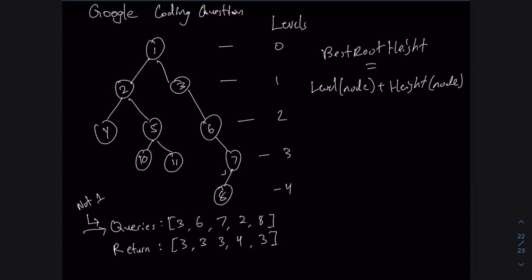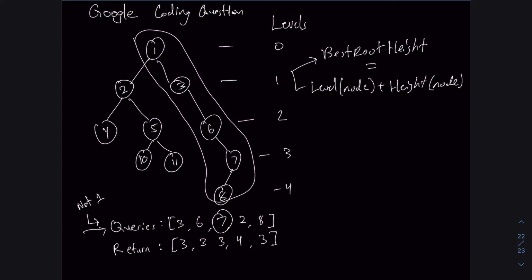That way, we would know the best root height. But we're not done there, right? We have to remove that best root height. So let's say we're looking at this 7 query this time. If we're looking at 7, our best root height is going to be this entire path.